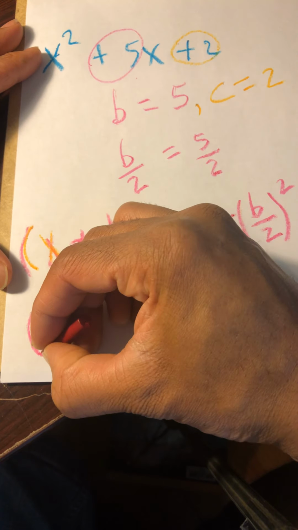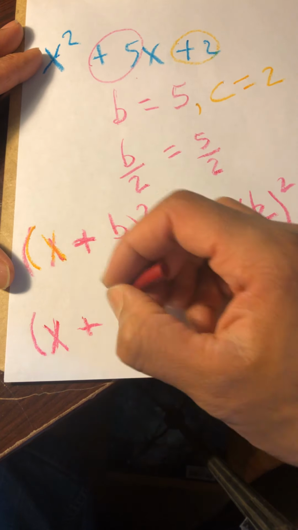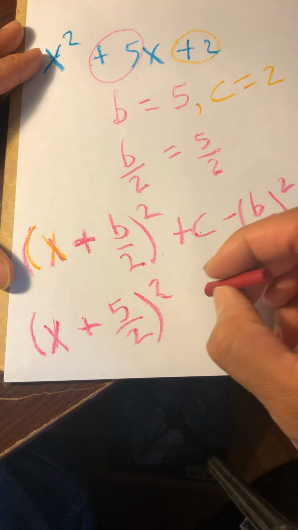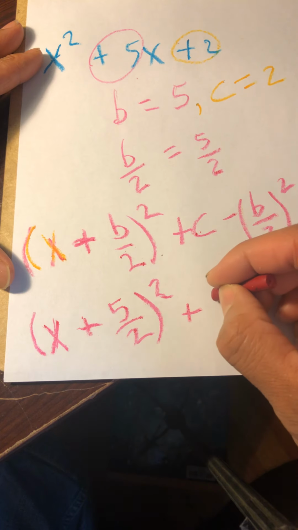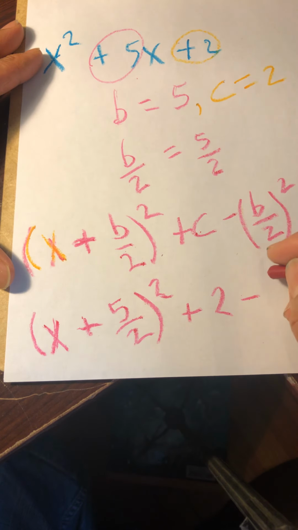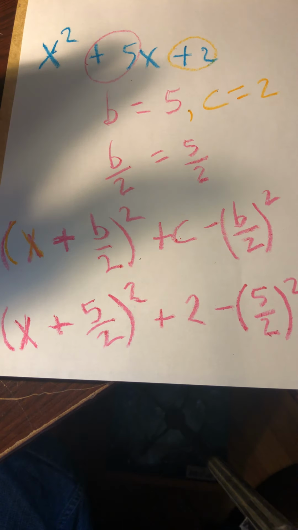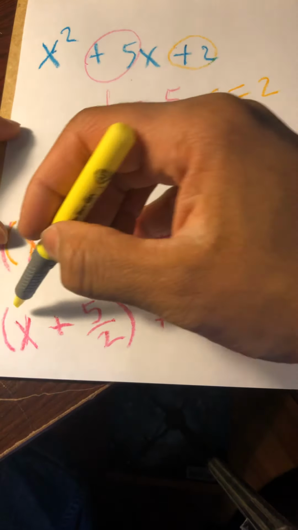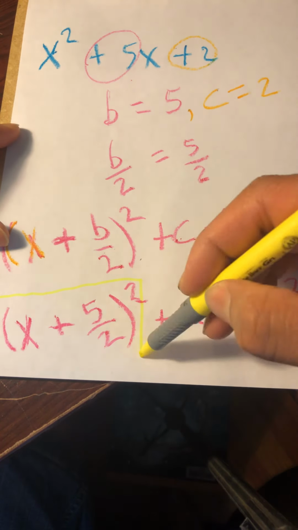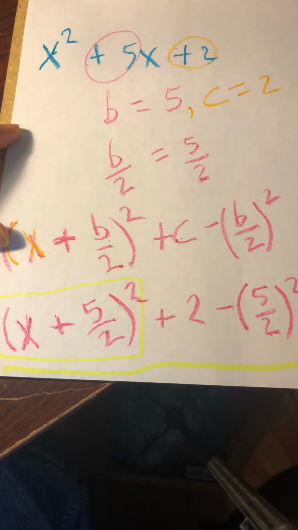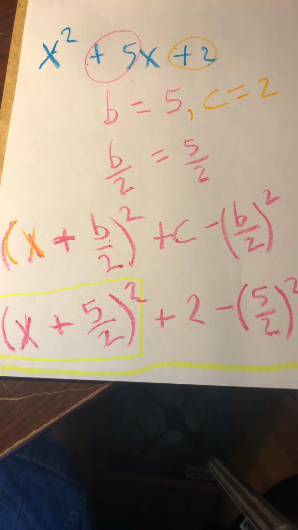So we have x plus 5 over 2, squared, plus, we know what c is, 2 minus (5 over 2) squared. And we just completed the square. Of course, you can write it in a simpler way, but we just completed the square because here we have something that is squared. That's it. And of course, we have that with other things added, which we can simplify, all right? So we just completed the square.